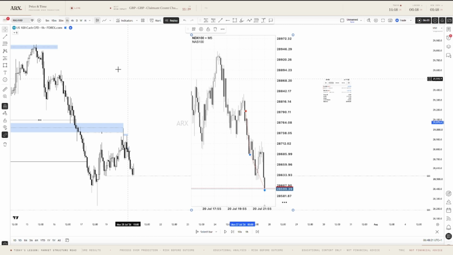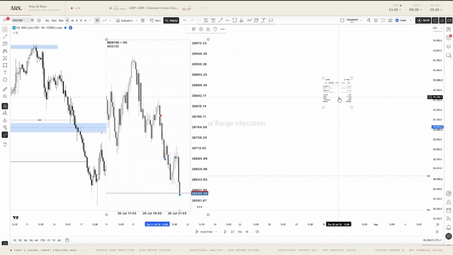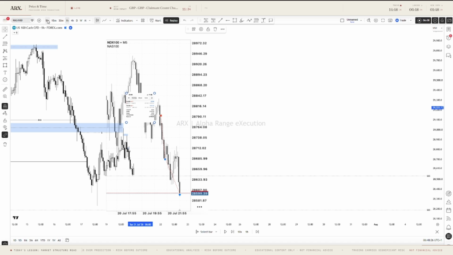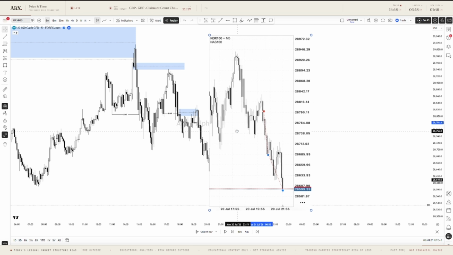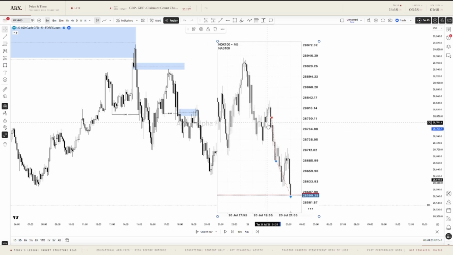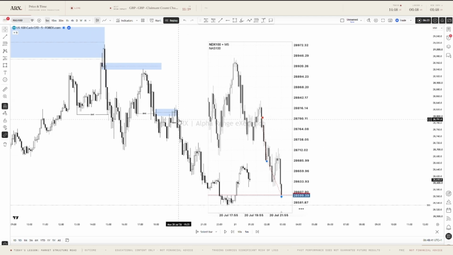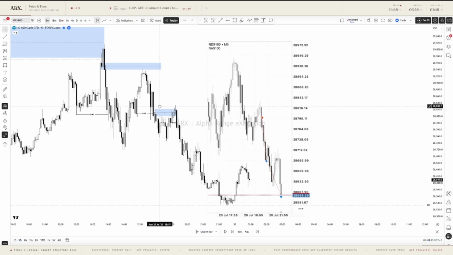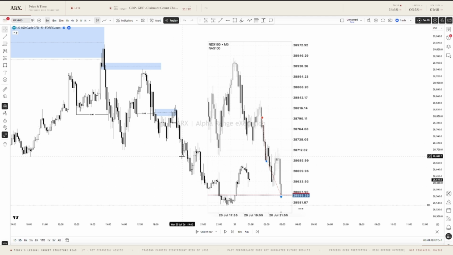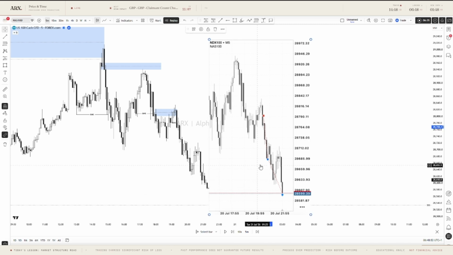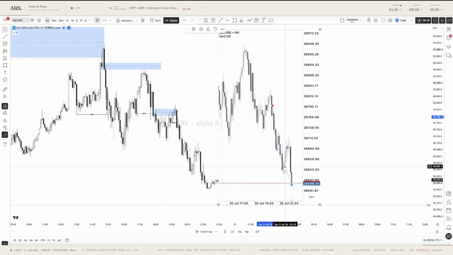That candle. As you can see, after this you have the big candle. On the next candle, that's where you get in. So you get in around here, at this level, and then it targets the low. Bank profits around here, bank profits there, and then it closed the full trade there.